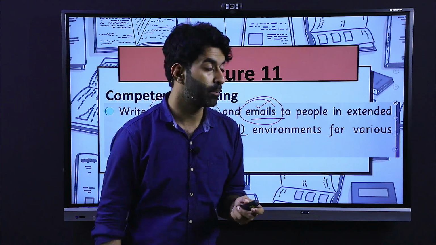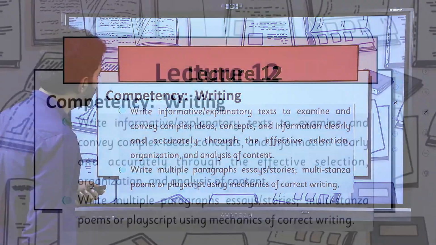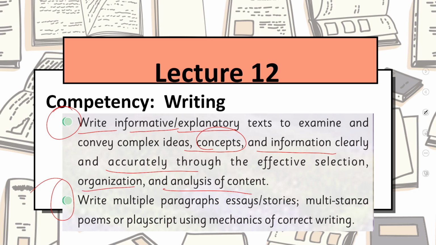Okay, and the last SLO of writing competencies, where we have merged these two SLOs together. Number 1 is to write informative or explanatory text to examine and convey complex ideas, concepts, and information clearly and accurately through the effective selection, organization, and analysis of content.